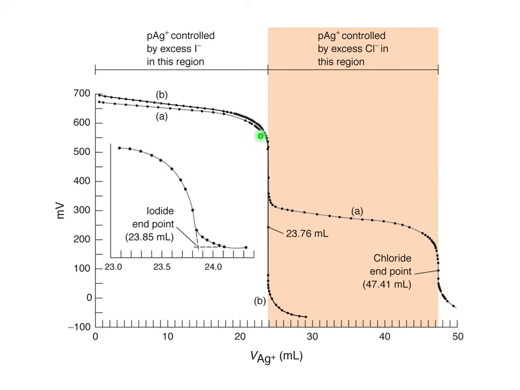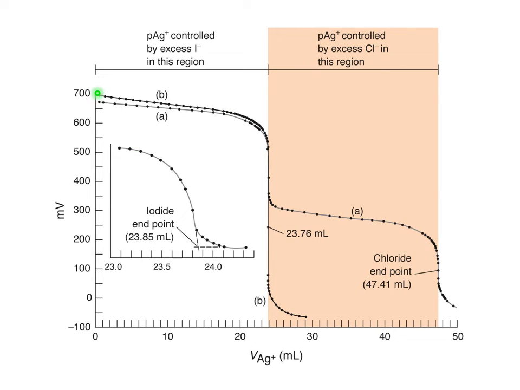The difference between iodide and chloride is so large that we can titrate iodide and chloride simultaneously. So if I have iodide only, I'll have this titration curve with a nice jump.